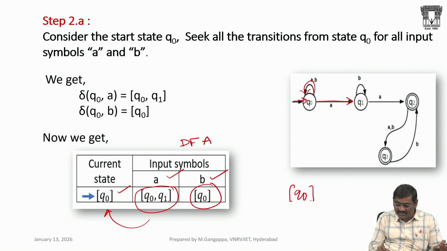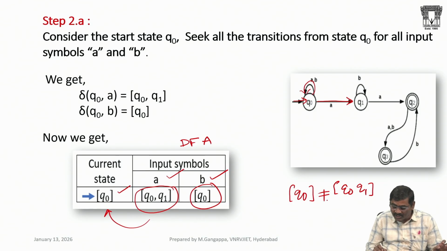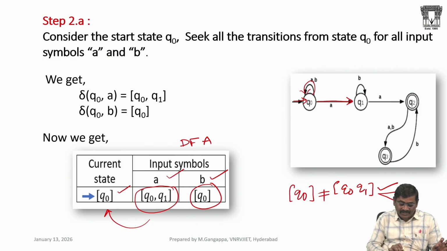Both are different, so we have to perform the transition on the Q0 Q1 state. Q0 Q1 is the new next state, and for this state we have to apply the transition on input A and on input B. So this is one new state we have got.